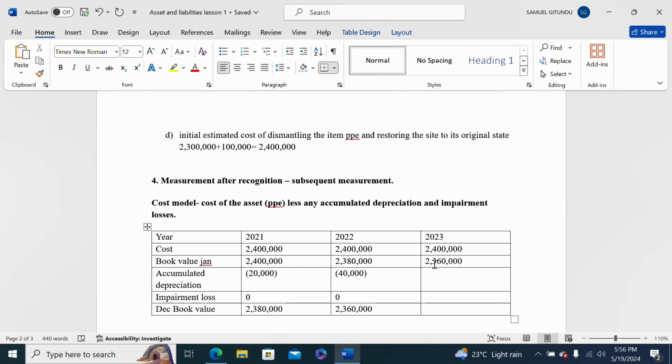The accumulated depreciation now is 40,000 plus another 20,000, so it is 60,000.